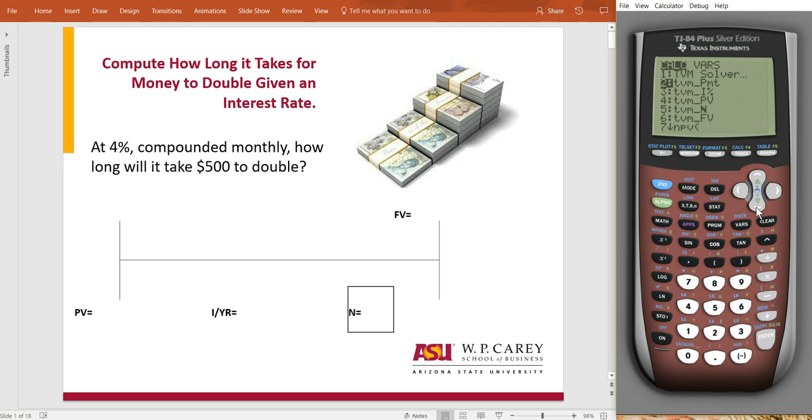And if you just click down on it, it'll move you down. So number 7 is NPV, net present value, and number 8 is IRR, internal rate of return. I'll have videos of how to solve for those. Those will come probably later in the class. You'll first begin with TVM and then move on to NPV. So let's start with the TVM right here, number 1.